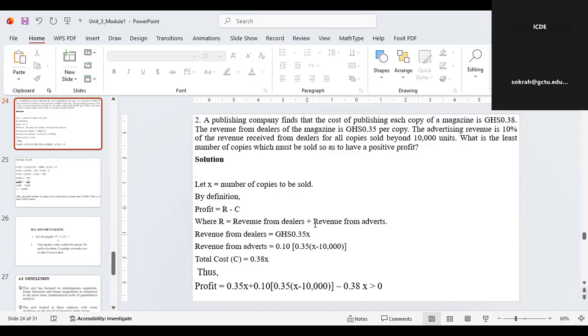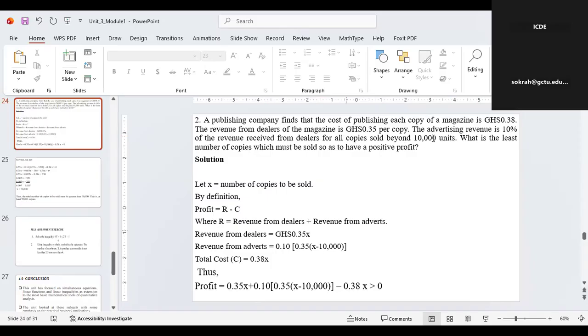Then also, we need revenue from what? Adverts. And the question is saying that it is 10% of the revenue received from dealers. Already we know that the revenue received from dealers is 0.35X. Okay. So revenue received from dealers for all copies sold beyond 10,000. So it means we have to subtract the 10,000 from whatever quantity you sold.